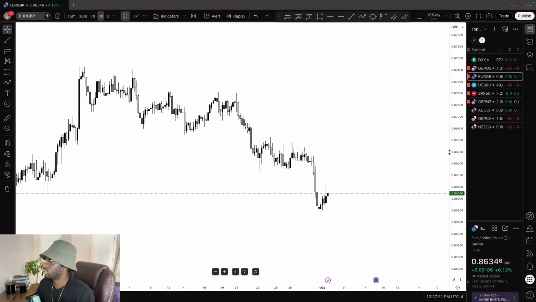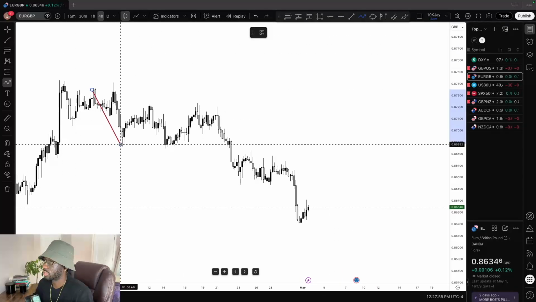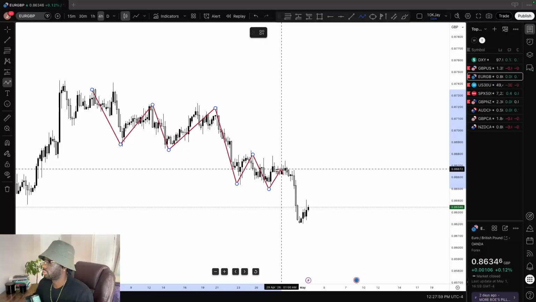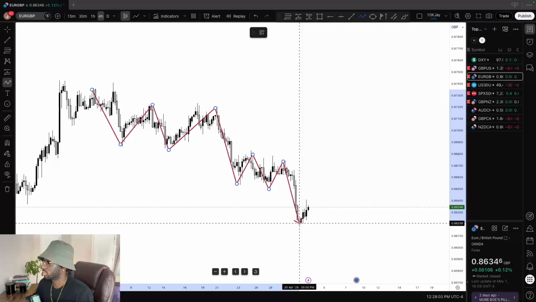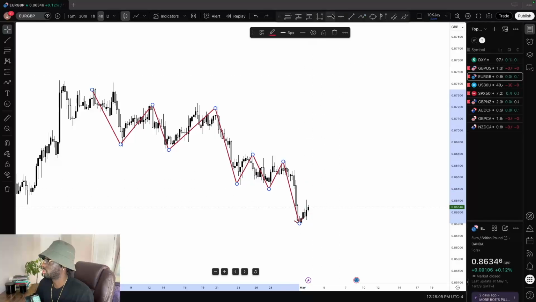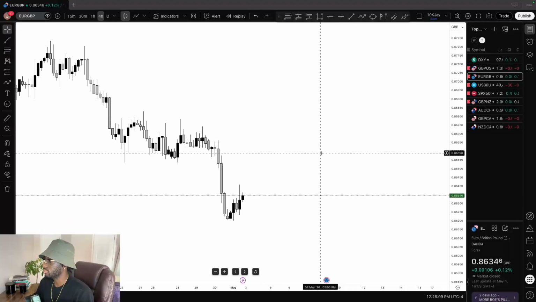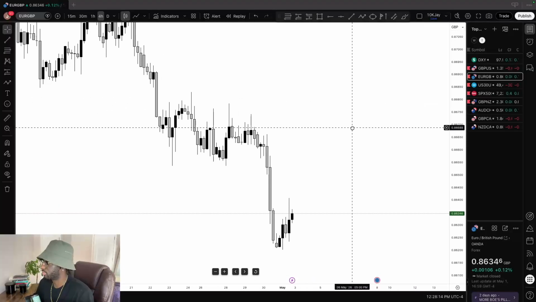Euro GBP. Clearly have this 4-hour downtrend. We got this liquidity build up here. Explosive move. We just wait for a retrace to continue down. So in this case, we'll get our Fibonacci.